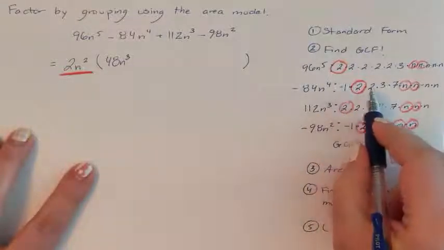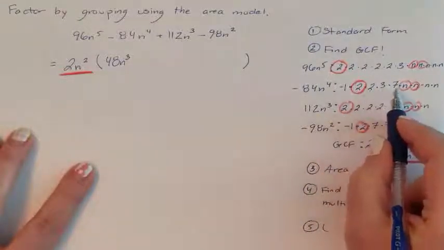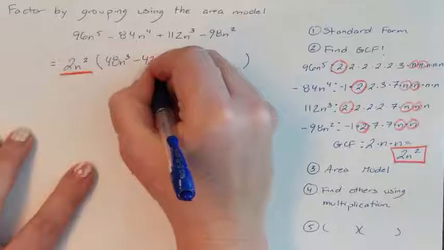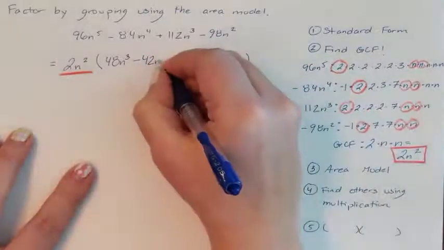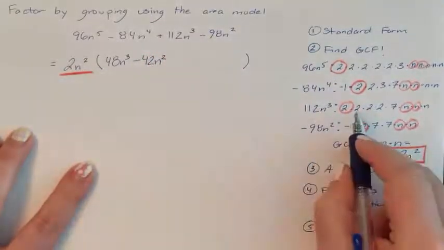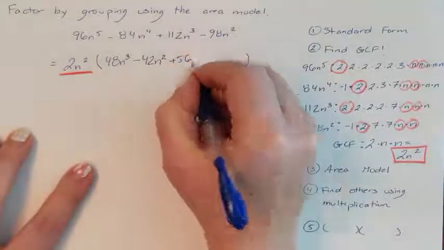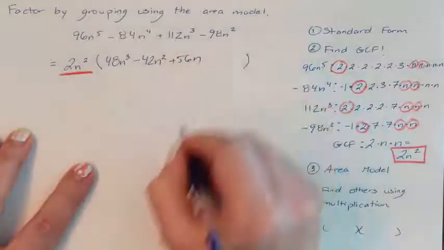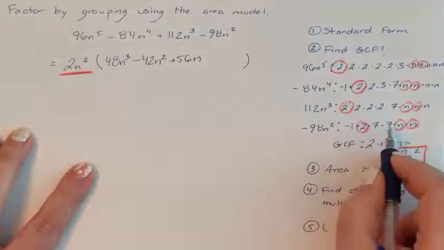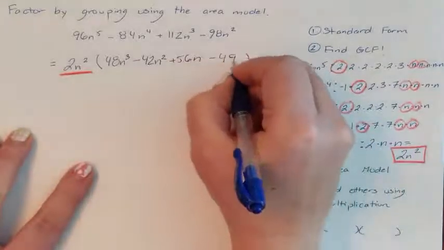Negative 1 times 2 times 3 times 7 is a negative 42, and don't forget the 2n's here, so here's n squared. 2 times 2 times 2 times 5 is a 56, and then don't forget this n. And then I have a negative 1 times 7, which is a negative 49.